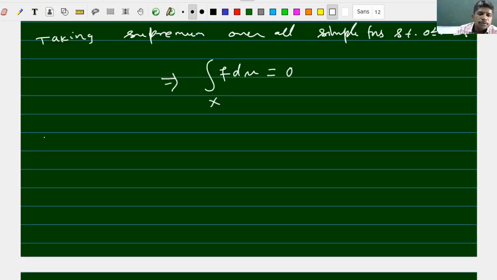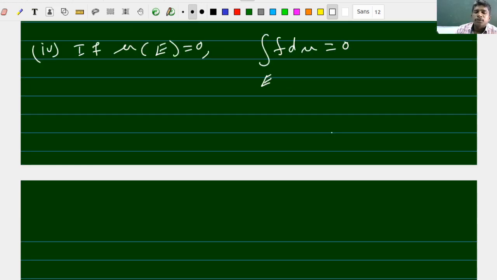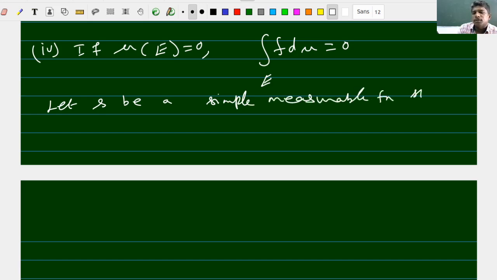So next, if the measure of E is 0, that is, E is a set of measure 0, then the integral over the set of f d mu is 0. Here is the proof. Let s be a simple measurable function such that 0 ≤ s ≤ f.